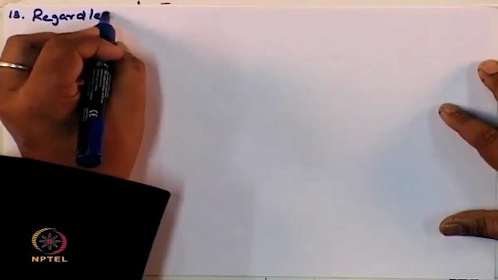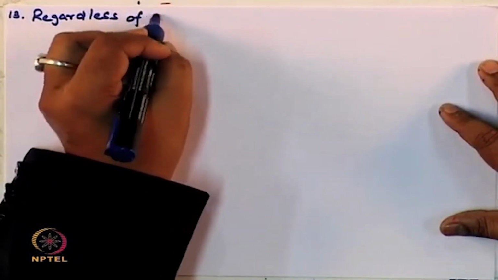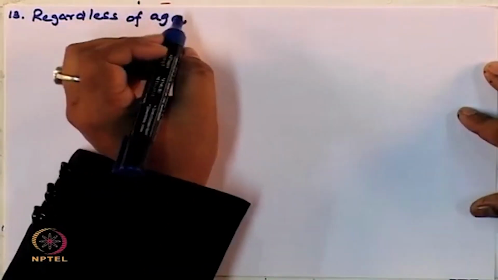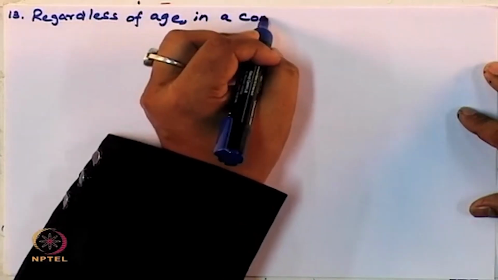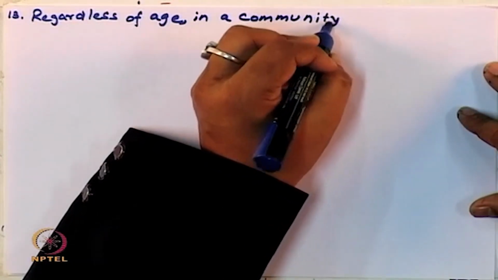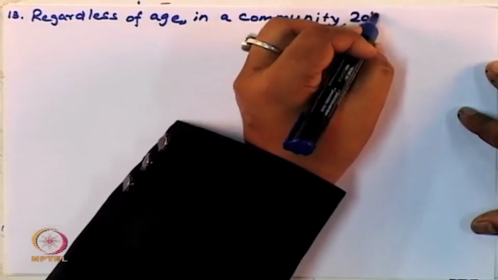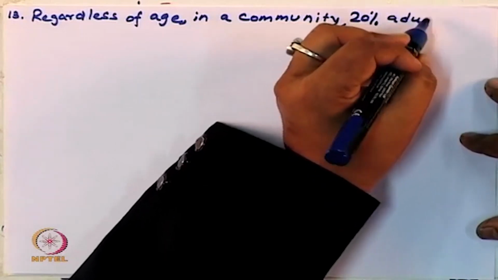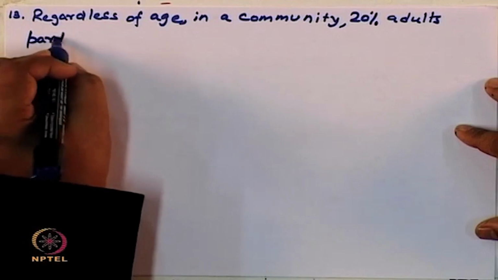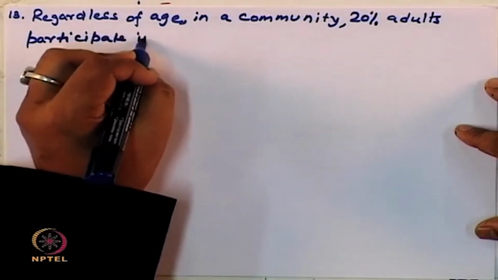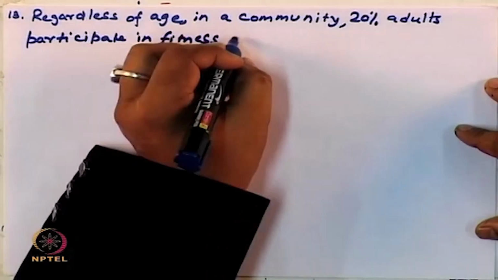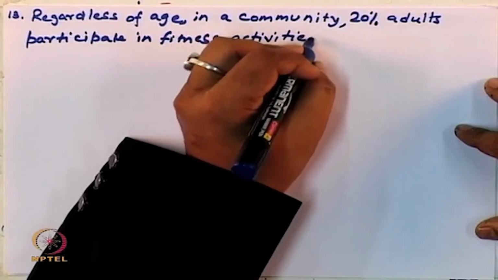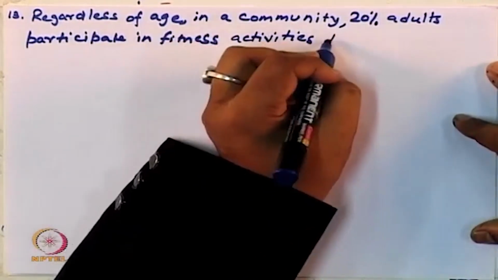Okay. Let us do one more example. Okay. So, regardless of age, in a community, 20% of adults participate in fitness activities, okay, fitness activities twice a week.